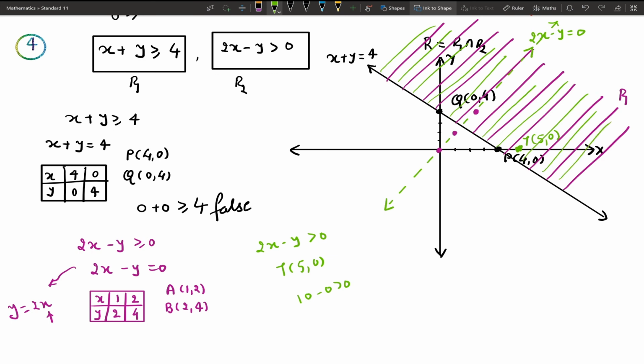This is the solution portion, and this is the point of intersection.